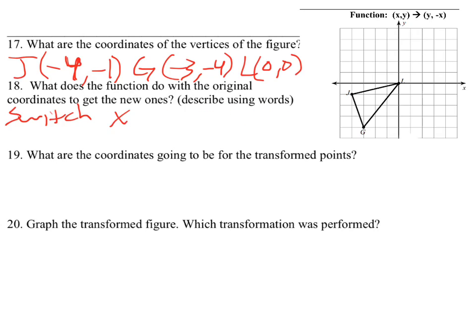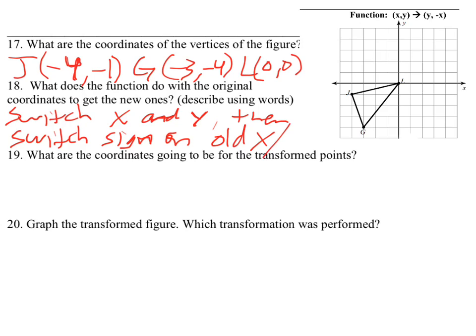So switch X and Y. Then switch the sign on old X slash new Y. Okay, so that's what this function is telling you to do. Change the order and change the sign on the old X or the new Y.